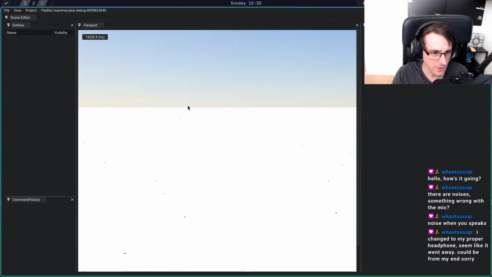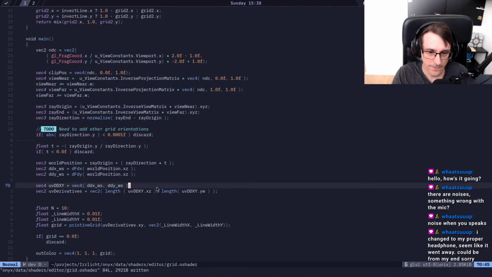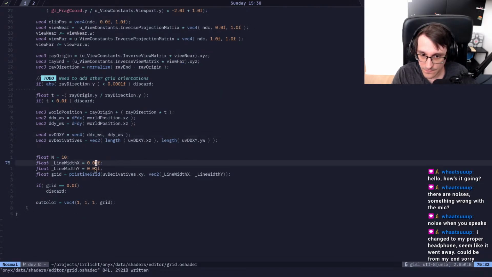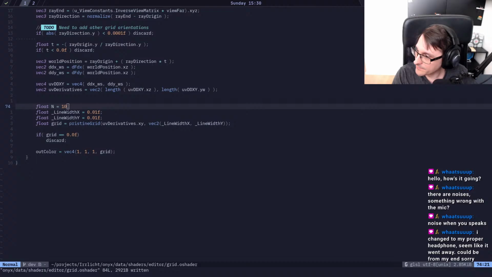But yeah, we have white on the Y plane now. Which kind of works, kind of doesn't work. But it's already a little bit better.